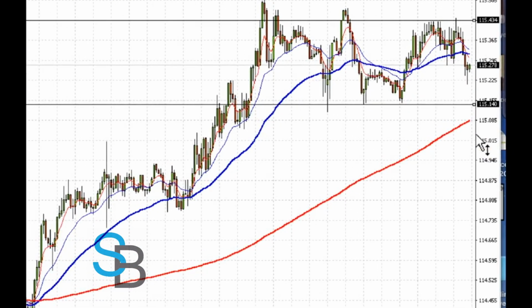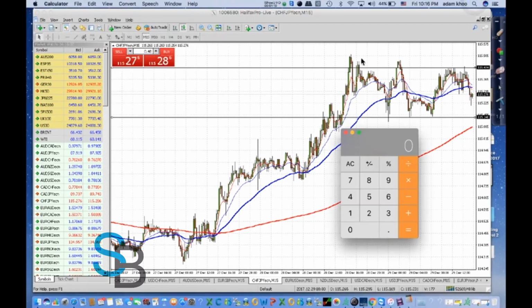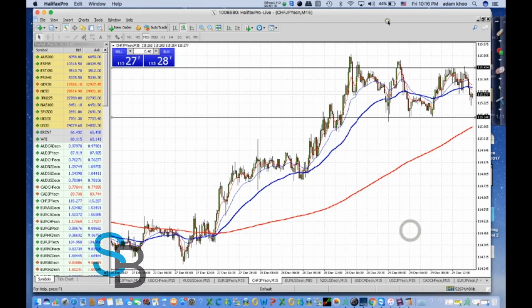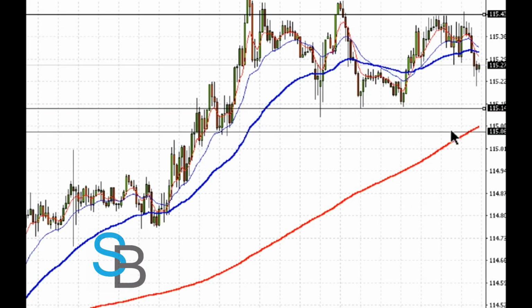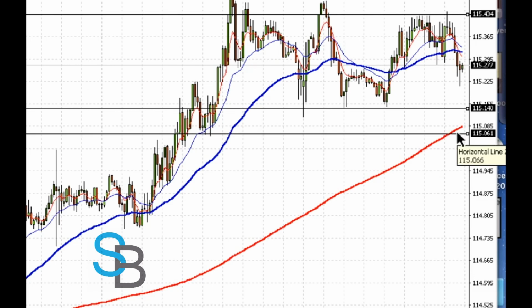At least 8 pips. So 115.14 minus 8, that's 115.06. So my stop loss would be at 115.06. Can you see that? That'll be my stop loss.